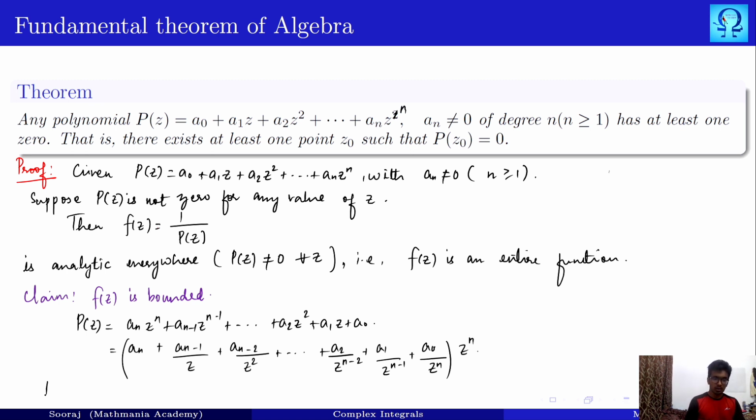Now let us take w to be the quantity an minus 1 upon z, an minus 2 upon z squared, till a1 upon z to the power n minus 1, plus a naught upon z to the power n. So this quantity, let us take it as w.